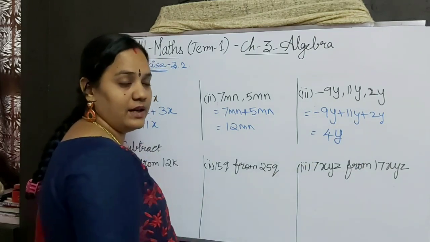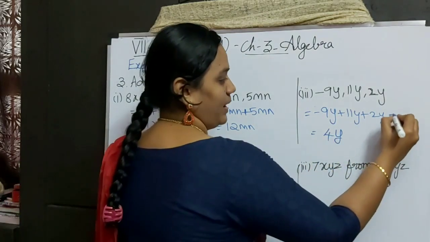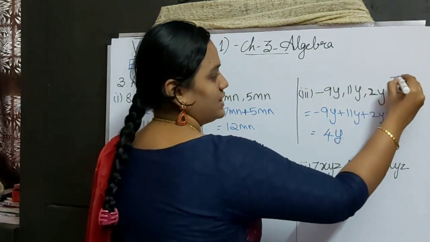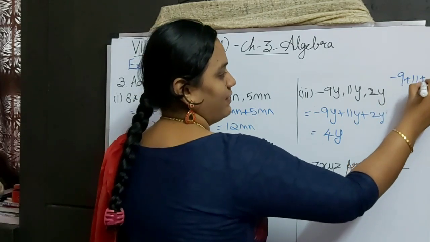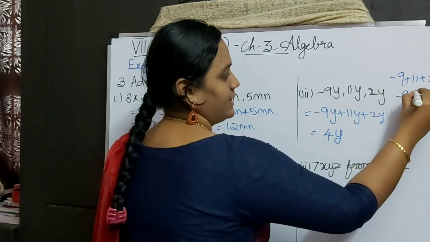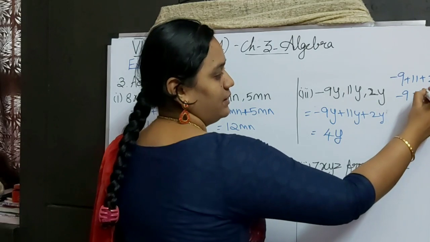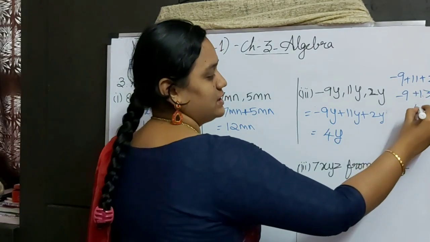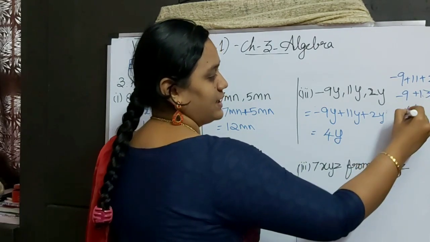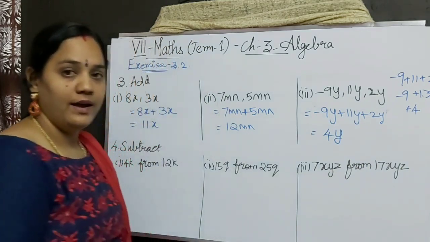So the greatest number is 13. So either I write it here, the coefficients minus 9 plus 11 plus 2, here we can write it as minus 9 plus 13. So 13 minus 9 is 4. The greatest number's sign is plus. So 4y is your answer.